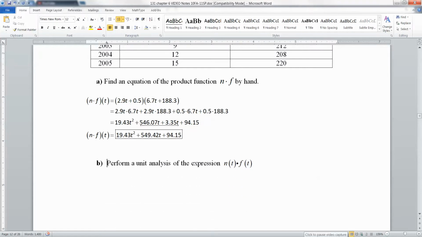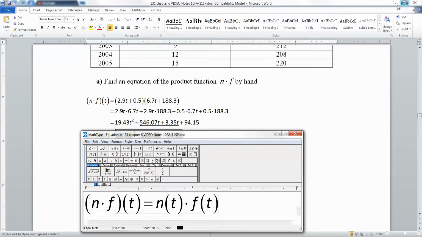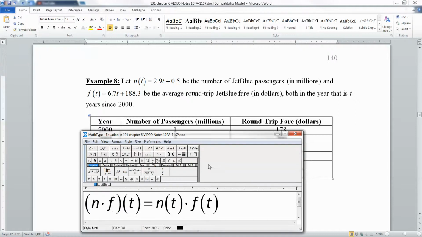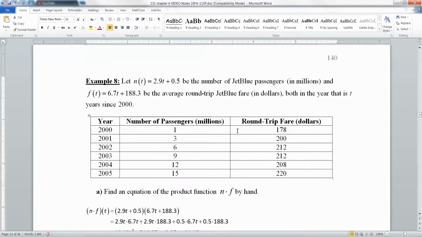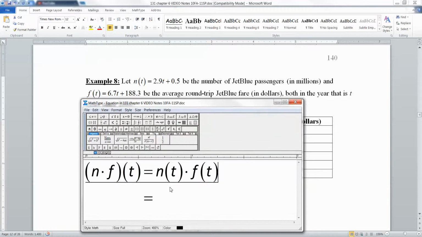So let me write up that function again. Actually, I'm not even going to write the function itself. I'm just going to write what it is. All right, so when we have n times f of t, that's n of t times f of t. Now remember, they wrote up for us back in the original part of the problem what each of these things was. So n was the number of passengers in millions. See that? Okay, so this is million passengers.